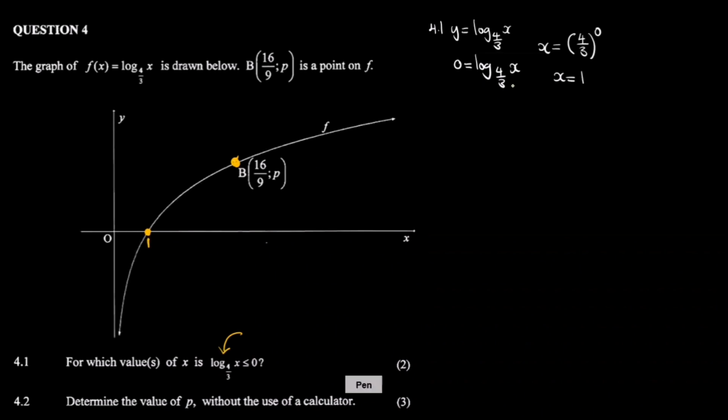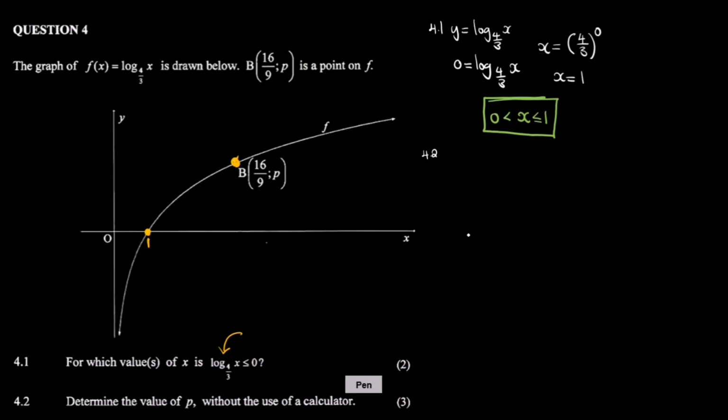So those are the x values that we're looking for: x less than or equal to 1. But those x values have to be greater than 0. Why? Because we can't intersect the y-axis, as the y-axis is our vertical asymptote. So this will be the answer for 4.1.